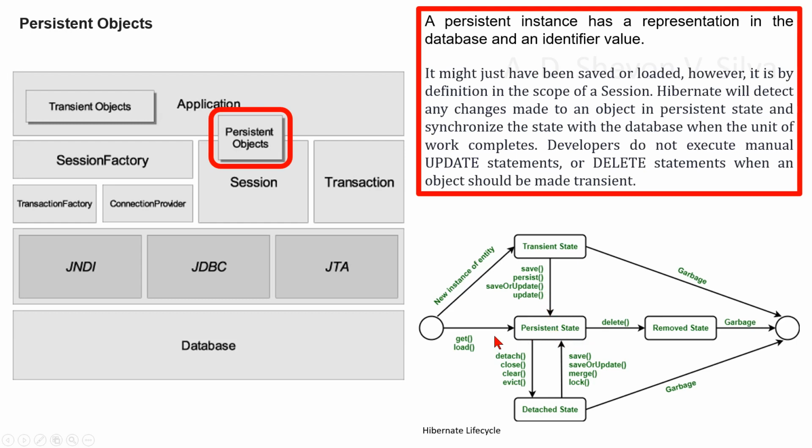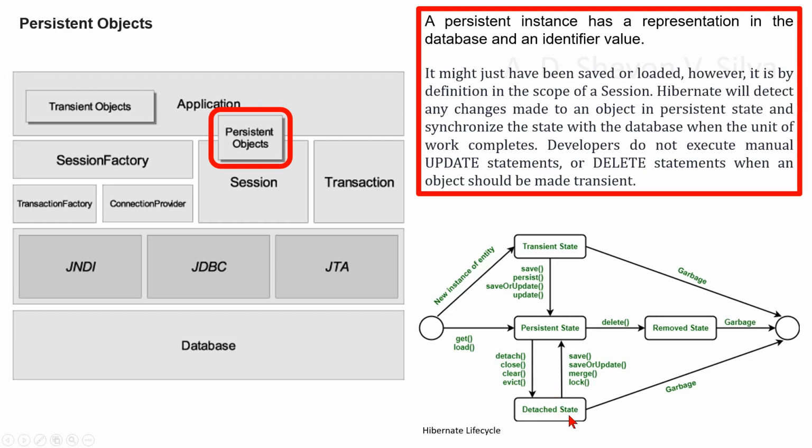Get and load methods are passed to the persistent state. The persistent state is connected to the removed state. The delete method is passed from the persistent state to the removed state, and garbage is from the removed state.